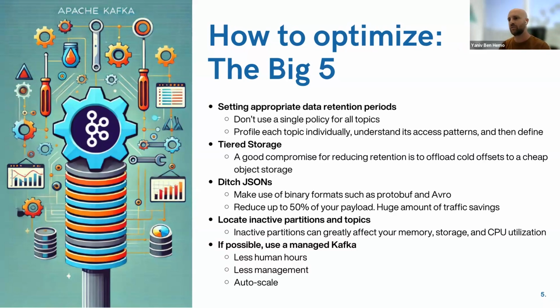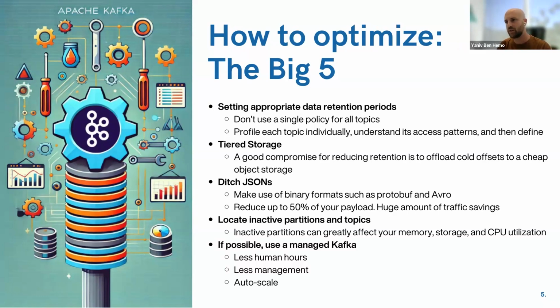I think these five are the bigger ones for most Kafka flavors, and at the same time are the most common for most environments. So if you don't see all the optimizations that you're familiar with, it's quite deliberate. There are quite a lot, but I wanted to stick with the most common ones.